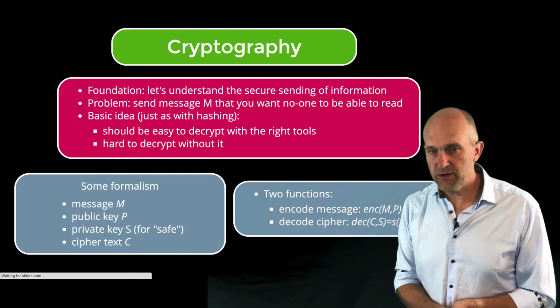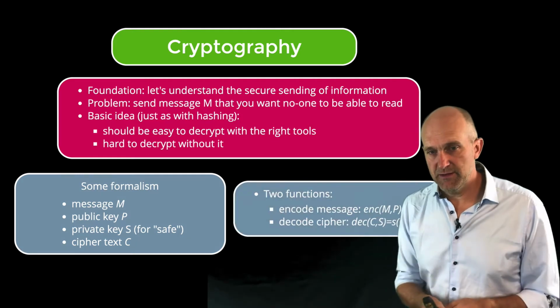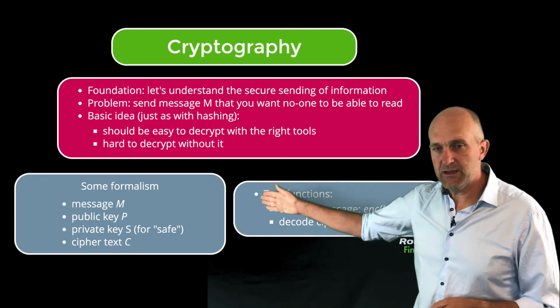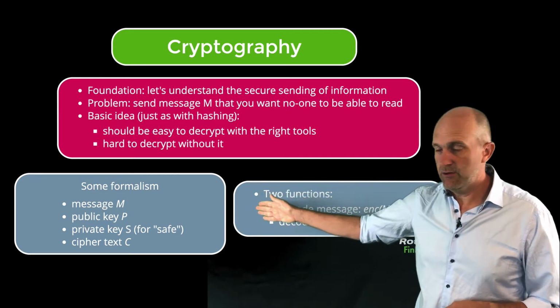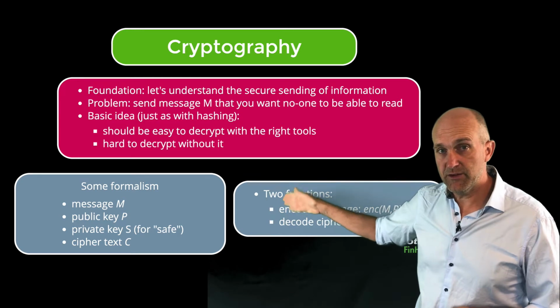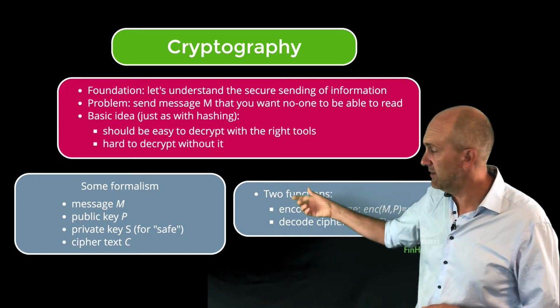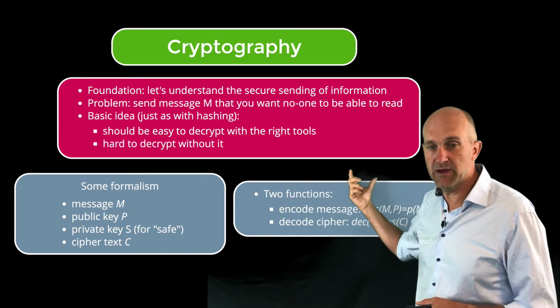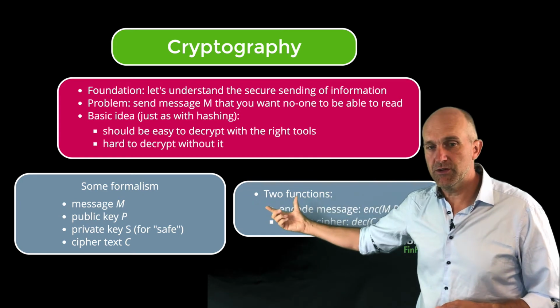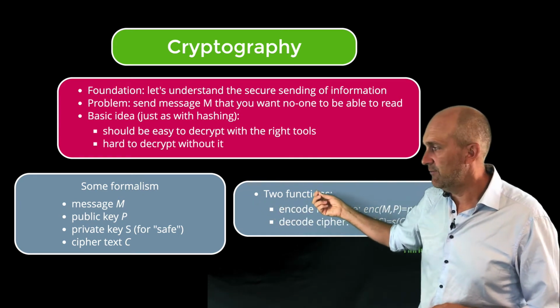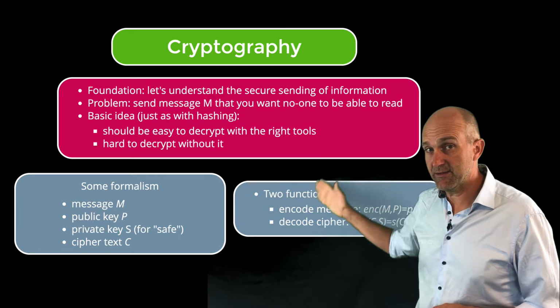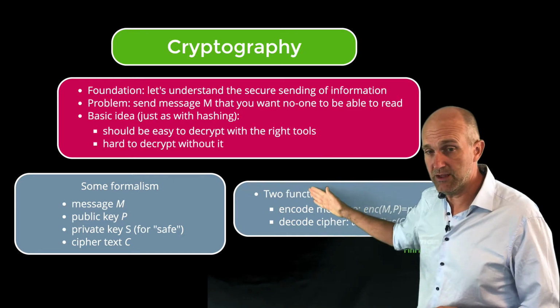So here's how this works. We encode the message by creating an encoding of the message using the public key, and then we get something out of it which is P of M. Then we decode the message: we take the cipher and apply to it the private key.